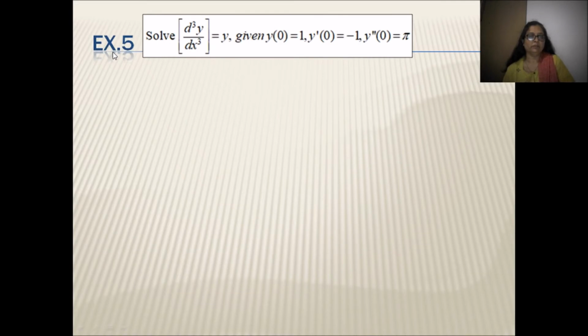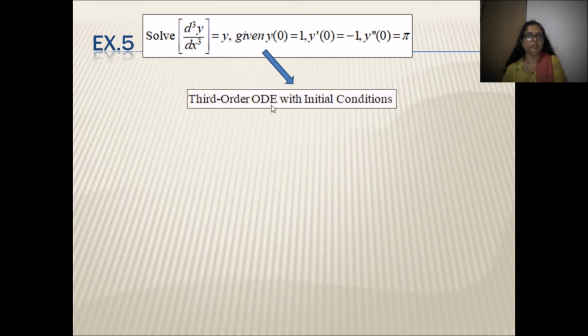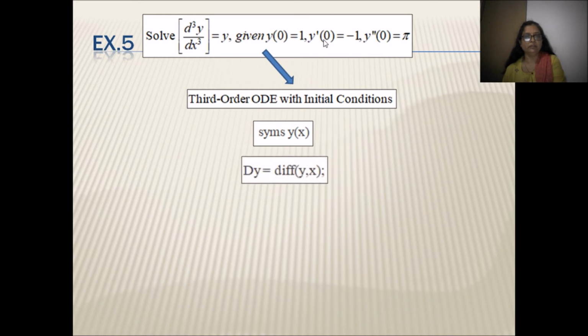We discuss example number 5, which is a higher order differential equation. Now, higher order means two or more order. Here, third order differential equation with three initial conditions. Now, first step, syms y of x. Then here first condition, second condition for y dash of 0.